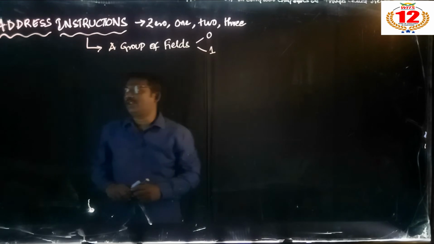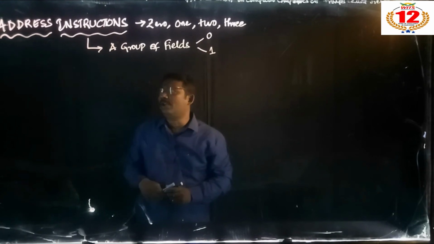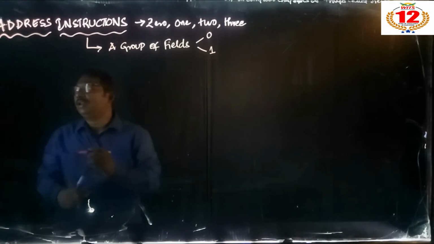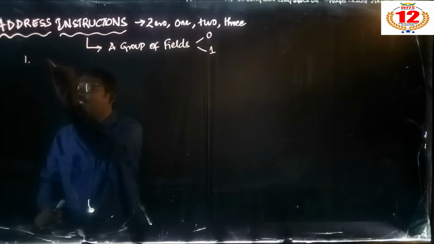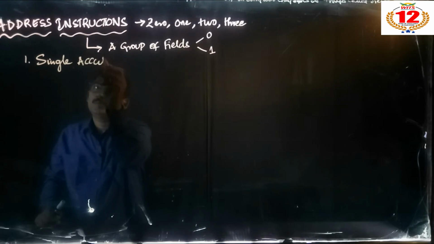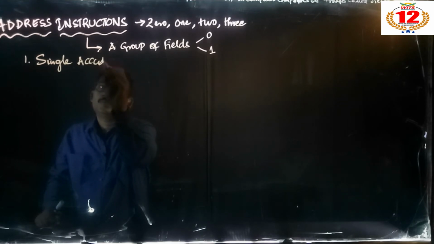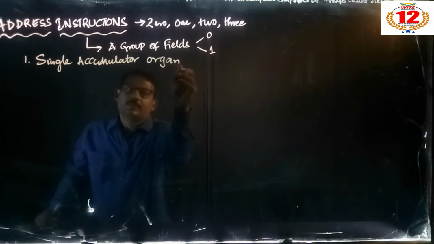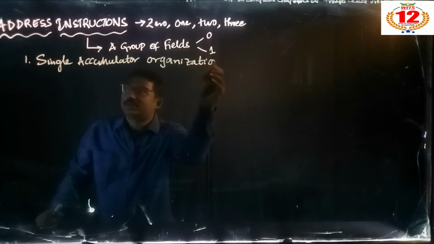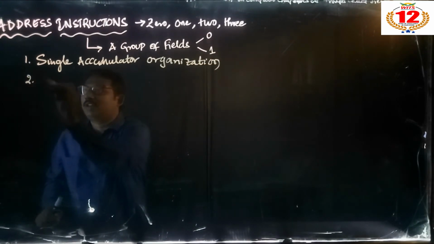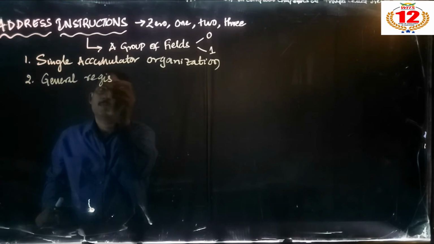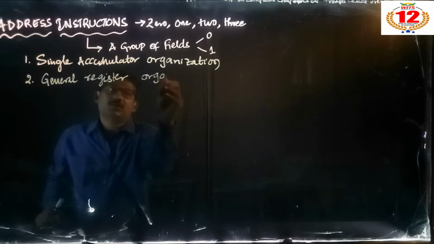Before going to the 0 address instruction, the address instructions are operated by, first, single accumulator organization. Next one is general register organization.